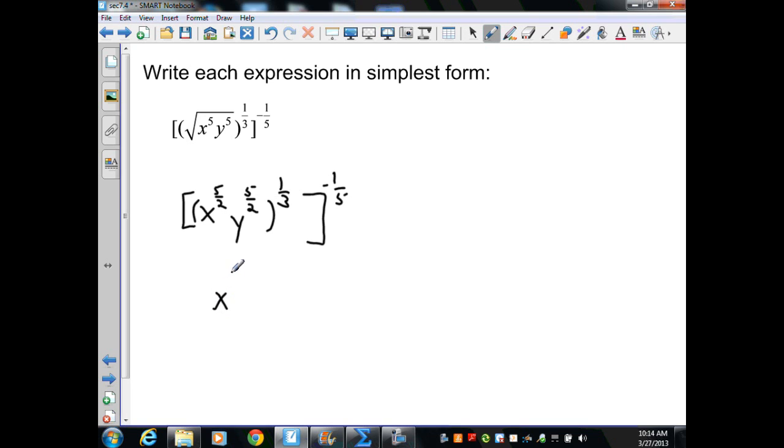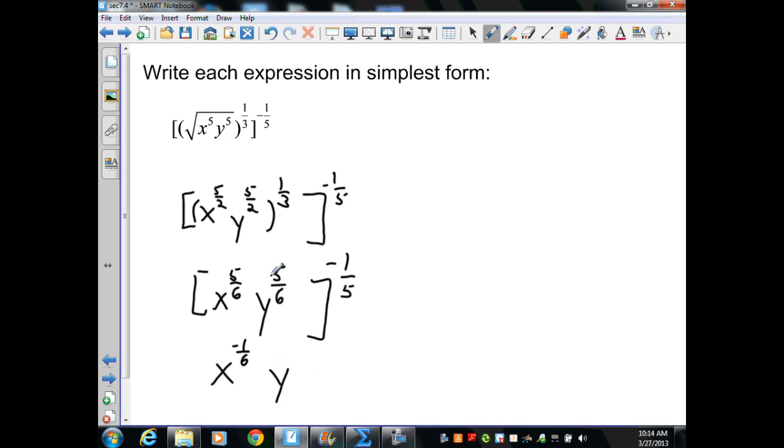to the 5/6 times y to the 5/6. And that is all to the negative 1/5 power. Now I use power to the power again. That is going to give me x, 5/6 times a negative 1/5, which is a negative 1/6.